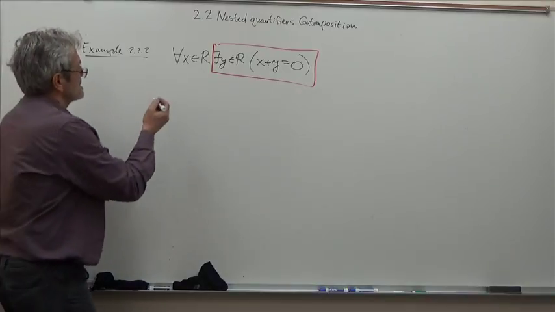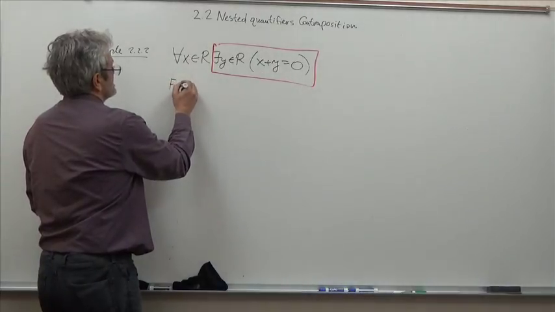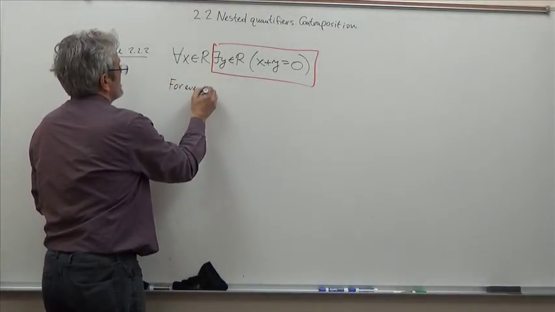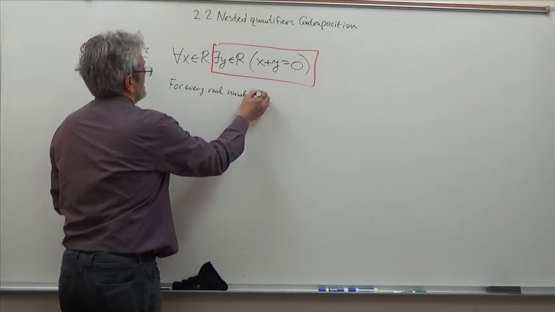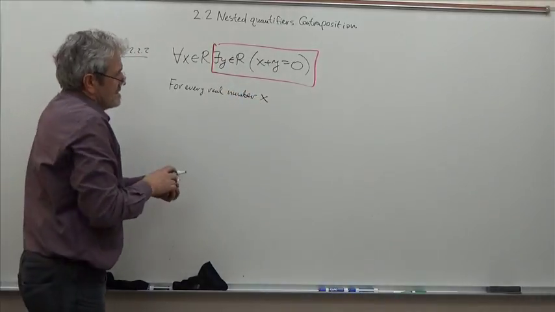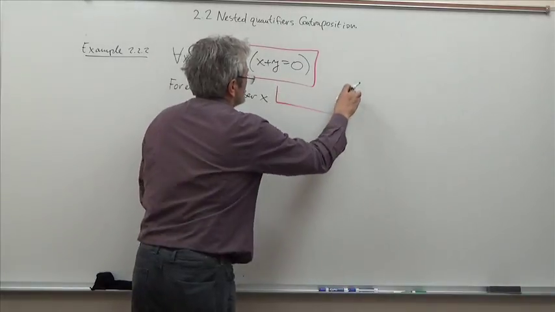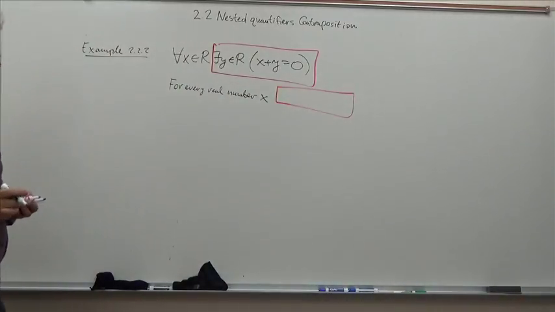So I would say for every real number x, and then box. Don't rush it, just first say properly what's written in the outside quantifier. And now we want to open what's in the box.